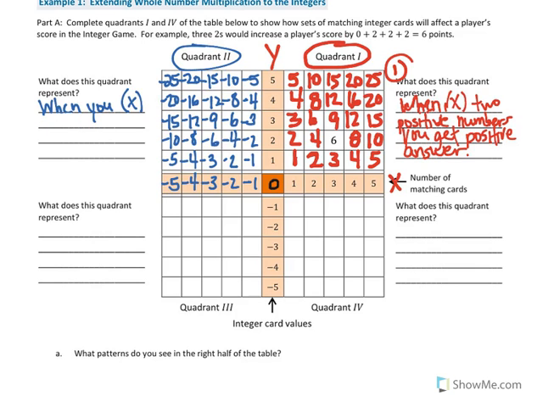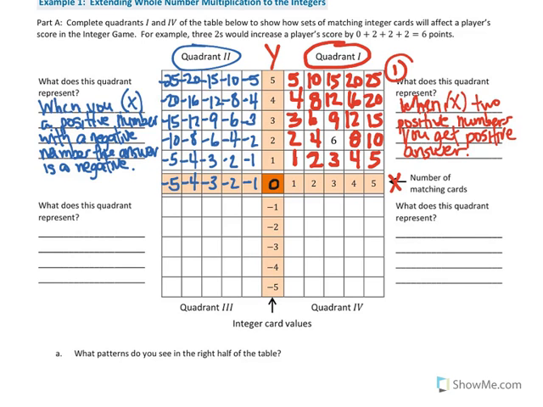When you times a positive number with a negative number, the answer is a negative answer.